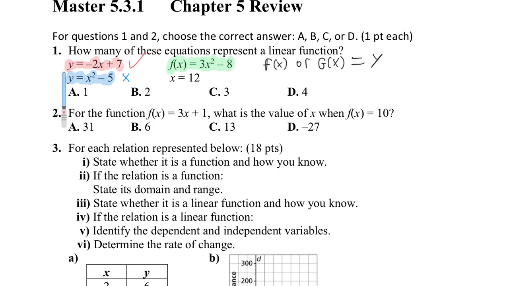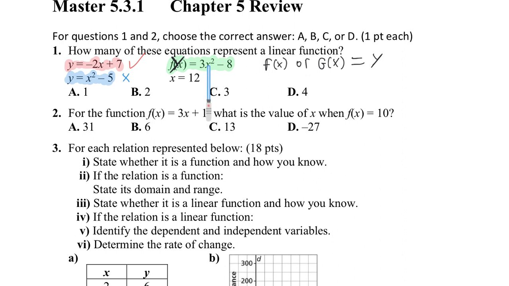The same way we have y here, we have a y here. F of x or g of x is just another way of writing y. This indicates that we know for a fact it's a function when we have this particular notation, but I could have just as easily replaced that g of x with the letter y, and it's still the same.